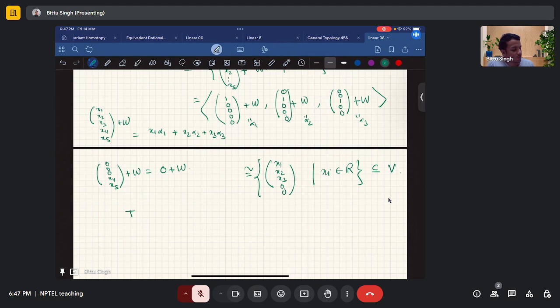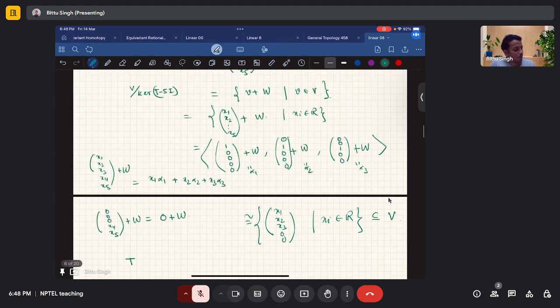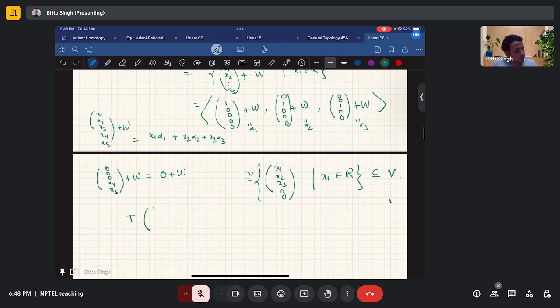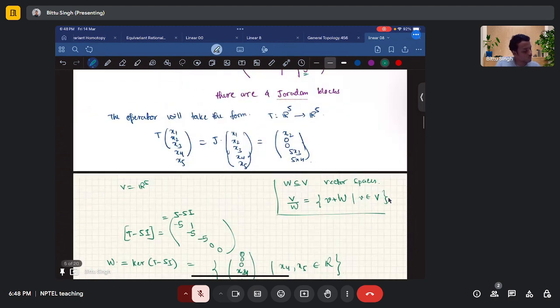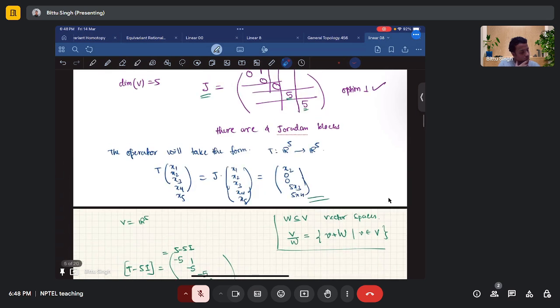Okay, and now let us see what will happen when T is applied on this (x1, x2, x3, 0, 0). From this definition, it is clear that there will be some x2 here, there will be some 5x3, 5x2.